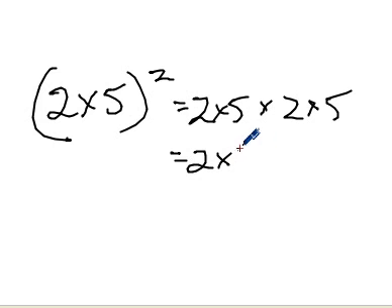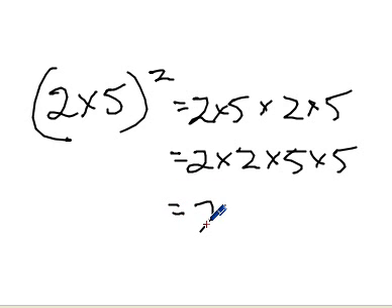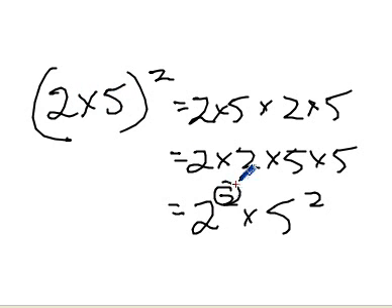We could say this is 2 times 2 times 5 times 5, and it doesn't change the value of the expression. So this would be 2 squared times 5 squared. So when you have a product raised to a power, you can take each of the factors of the product and raise it to the same power.